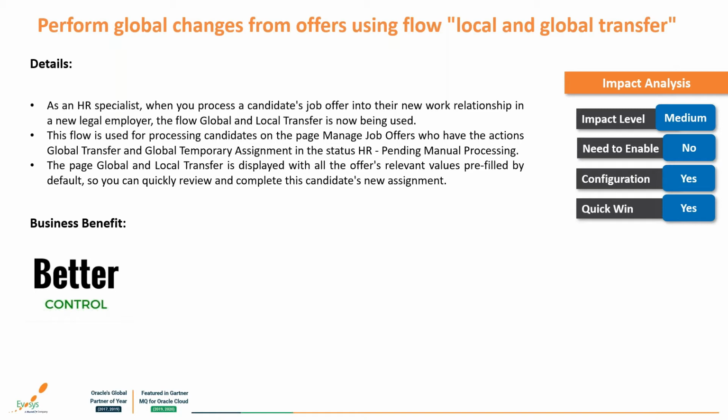So, this flow is used for processing candidates on the page itself, manage job offers. You have the actions, global transfer, and global temporary assignment in the status HR pending manual processes. So, this flow is only used for candidates who have global transfer and global temporary assignments.